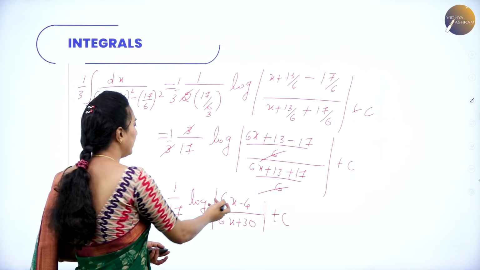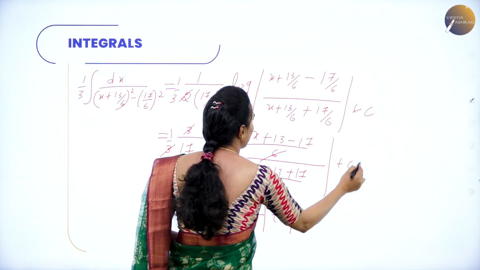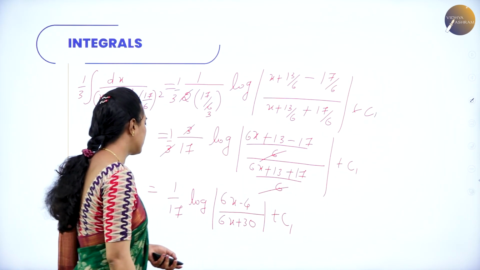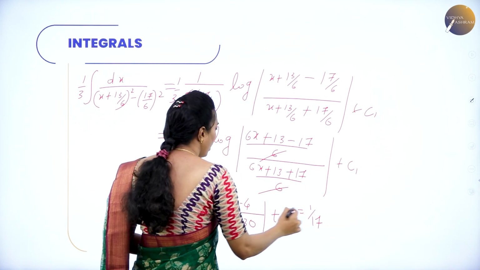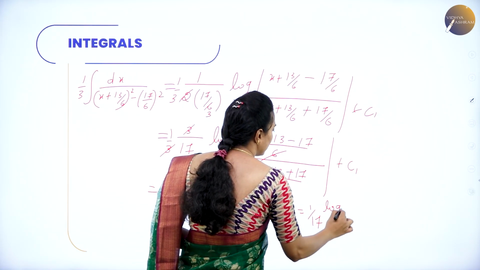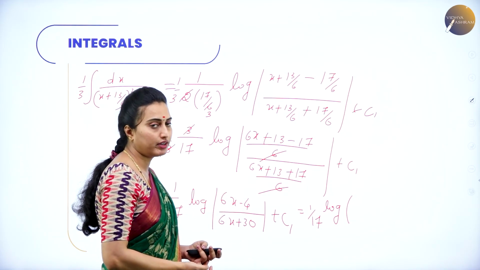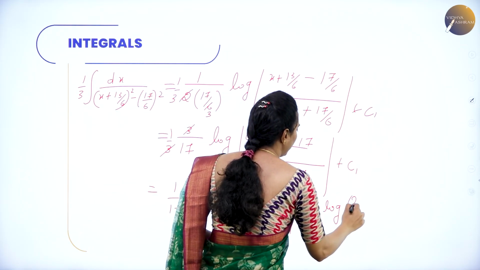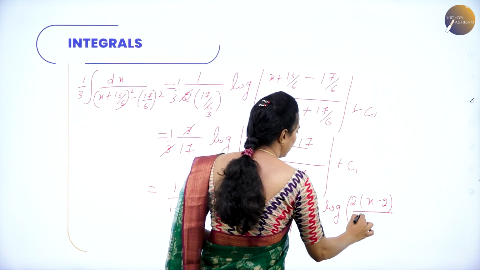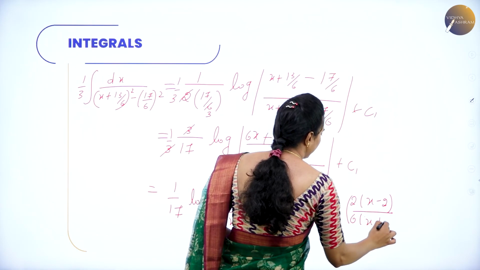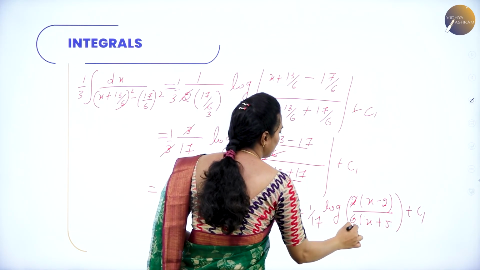Here, let me write this as c1, because you are getting one more constant again. So it will become 1 by 17 into log of, if you take 2 as a common factor in the numerator and 6 as a common factor in the denominator, 2 into (x minus 2) divided by 6 into (x plus 5), plus c1. So here 2 ones are 2, 2 threes are 6.